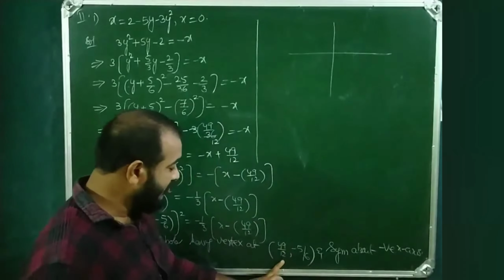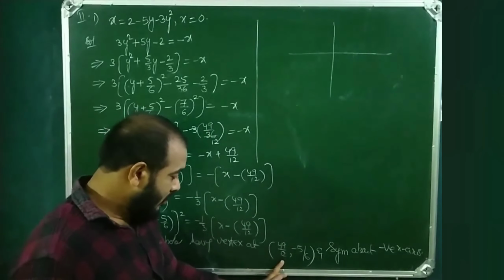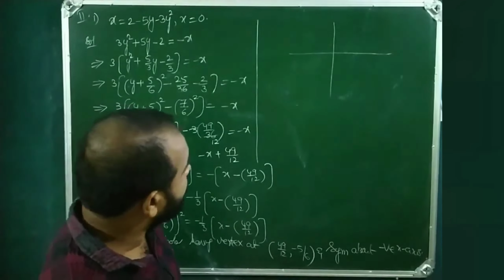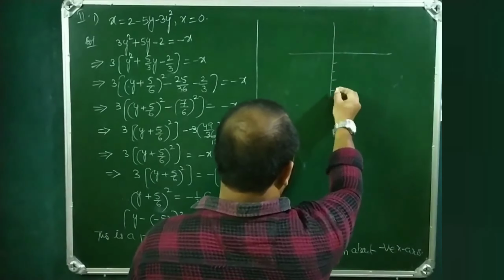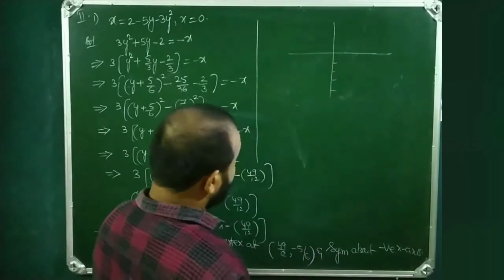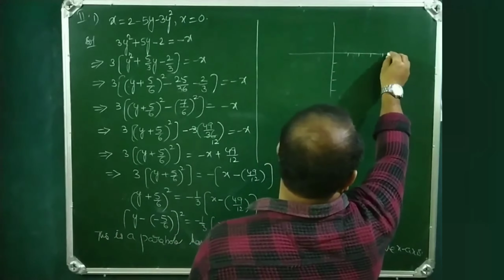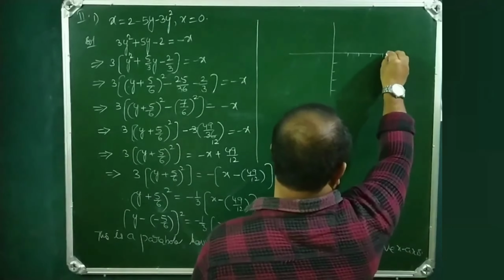So 49 by 12 is roughly, 12 4s are 48. So 4 point something this is. Okay, this is 1, 2, 3, 4. So 49 by 12 is 4 point something. So somewhere here.